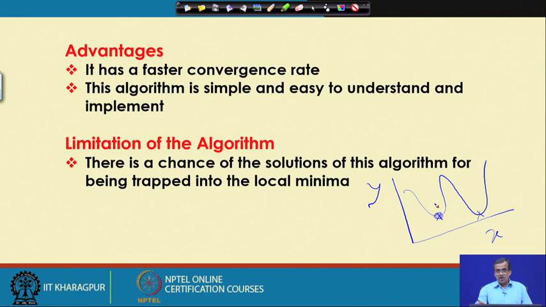As there is no guarantee that the initial solution is going to lie in the global basin, I have no guarantee that I will always get the globally minimum solution. So, this is one of the limitations of this algorithm.